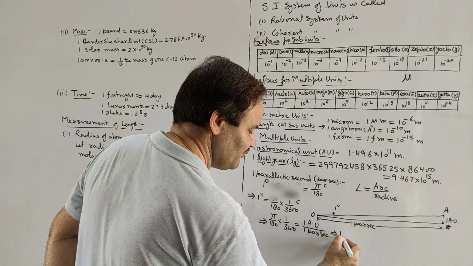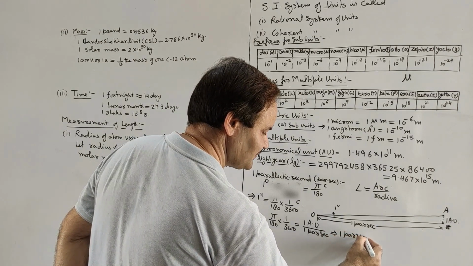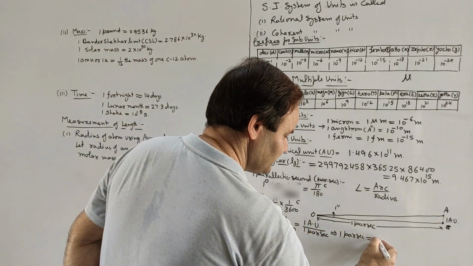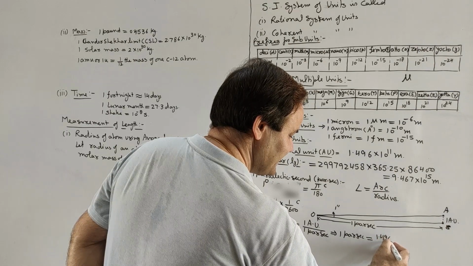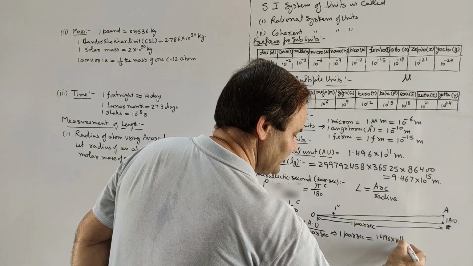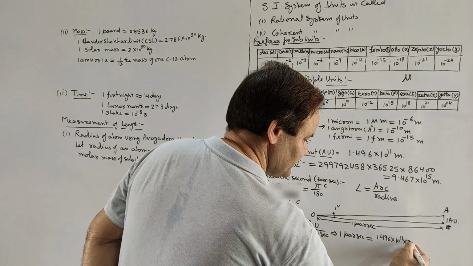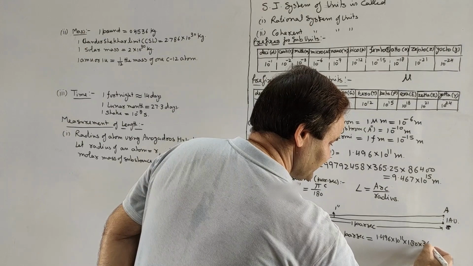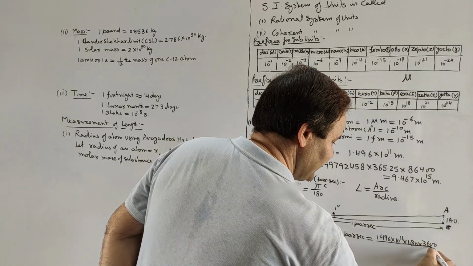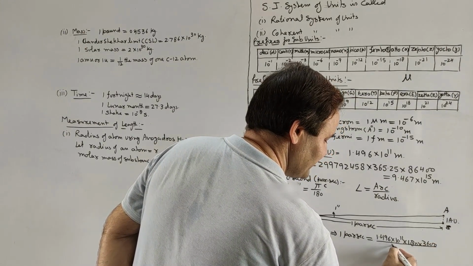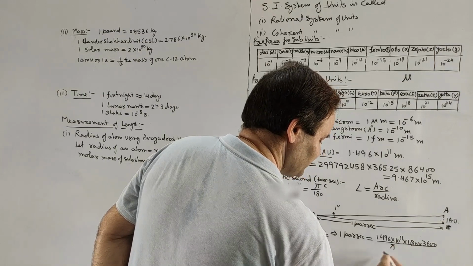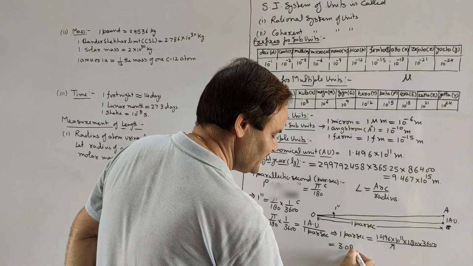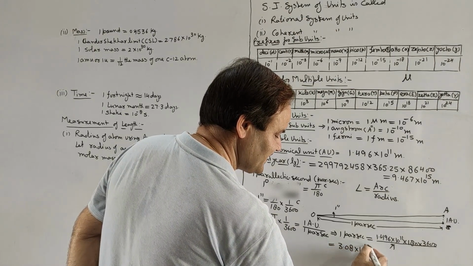This implies 1 parsec is equal to 1 astronomical unit, that is 1.496 into 10 to the power 11 multiplied by 180 multiplied by 3600 divided by pi, that is 22 by 7 or simply pi, and this will give us 3.08 into 10 to the power 16 meter.